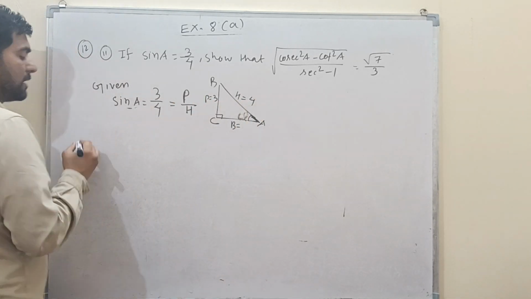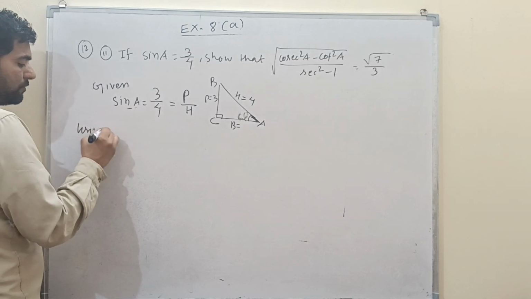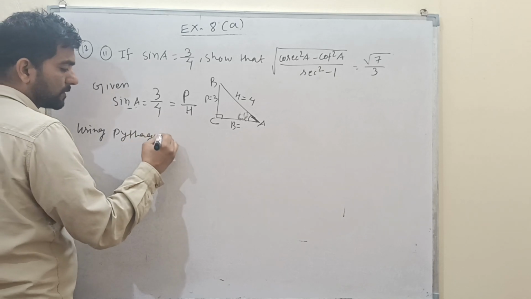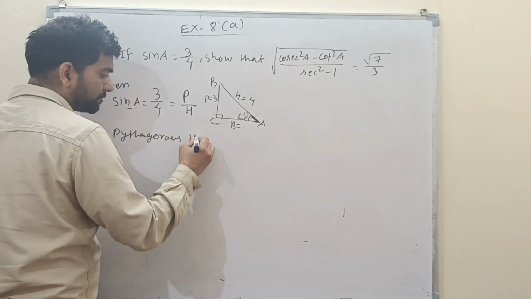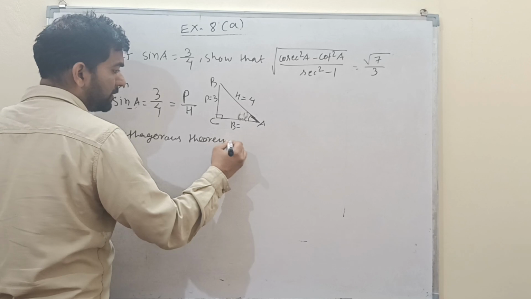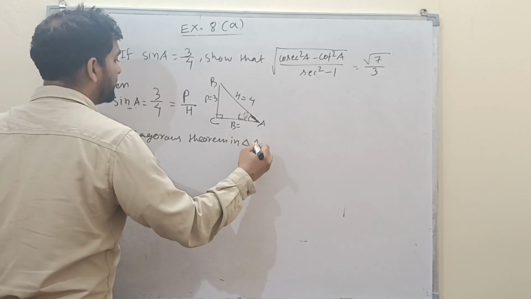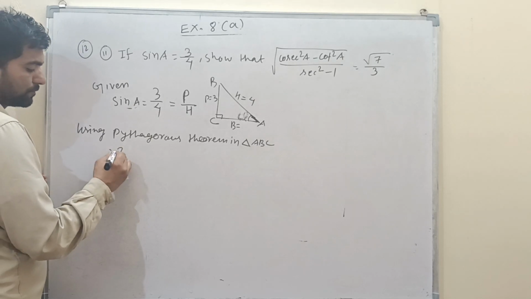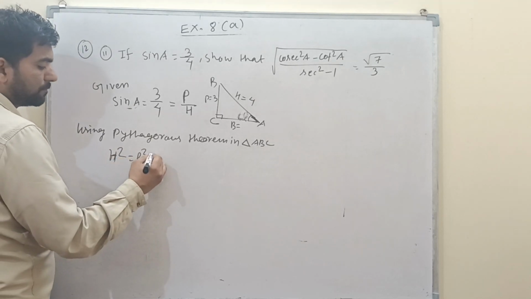So again we will write, using Pythagoras theorem in triangle ABC, h square is equal to p square plus b square.